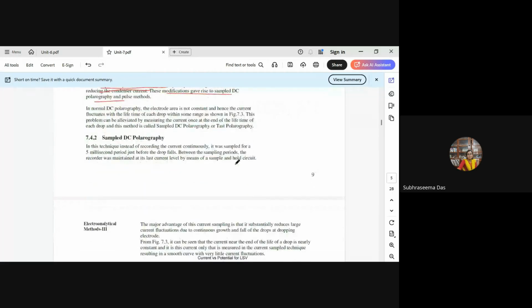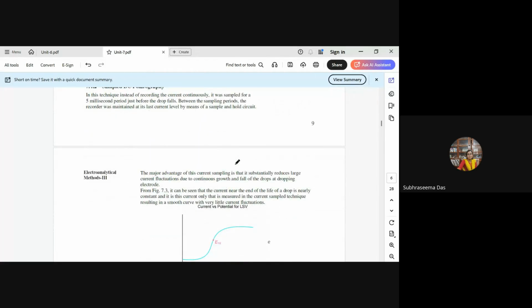Now coming to sampled DC polarography. In this technique, instead of recording current continuously, it is sampled for a particular time period just before the drop falls. Between the sampling periods, the recorder is maintained at its last level by means of a holding circuit.